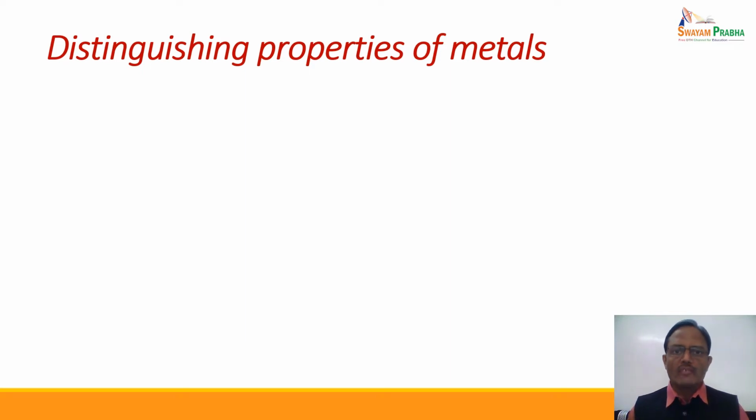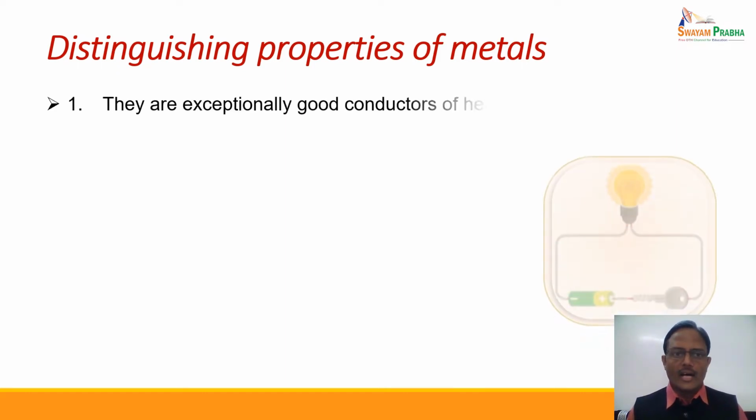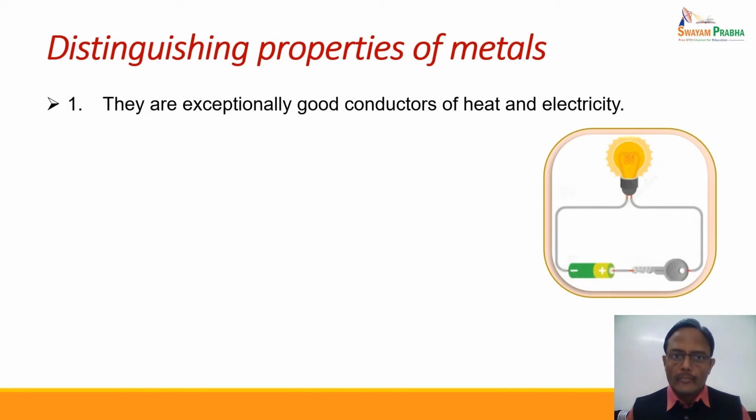What are the distinguishing properties of a metal? When we say metal, it's a special type of element which is having certain important properties. As soon as we say metal, certain properties definitely strike our minds. They are exceptionally good conductors of heat as well as electricity.